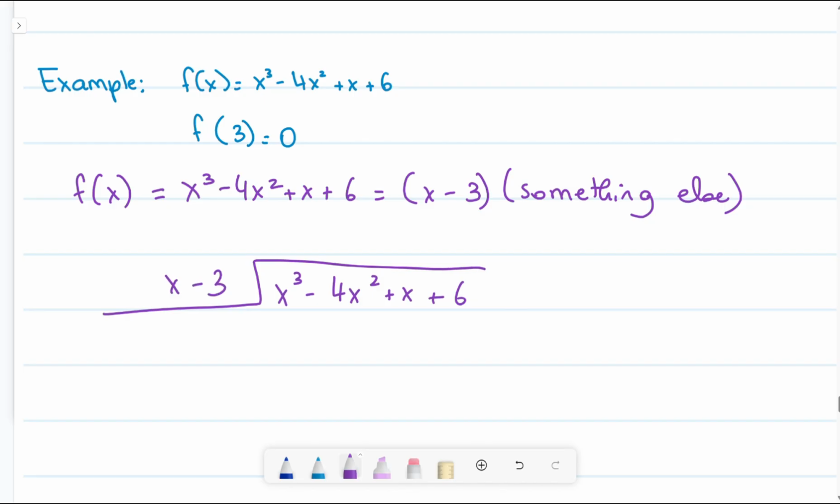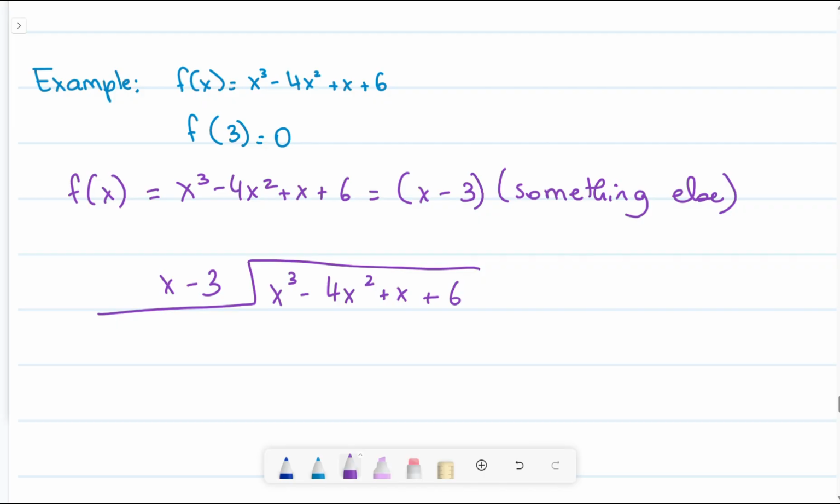So we will look at the first term. We have x cubed here. How can we get x cubed from this x? We multiply it by x squared. X squared times x is x cubed. X squared times 3 is 3x squared. And now we subtract.